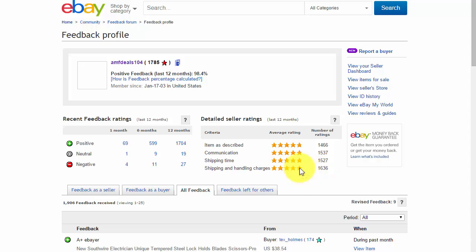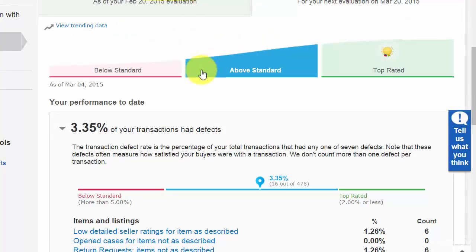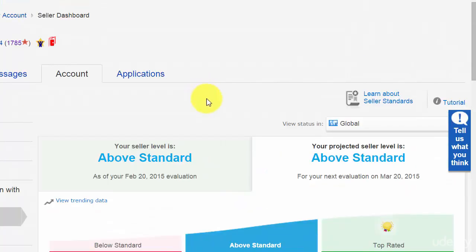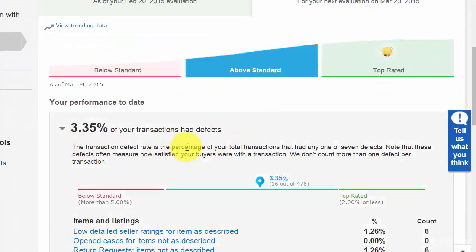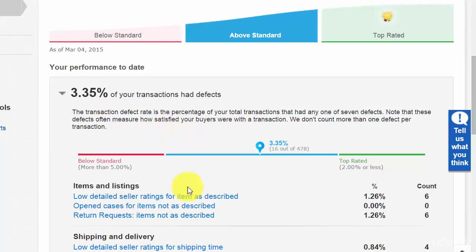So that's really cool. Now, all of this added up will give you an overall score that you can find in your seller dashboard. When you click on account, there's a link for your seller dashboard, and this will take you here. What eBay does is tally up all those scores, and they call it your transactions that had defects.